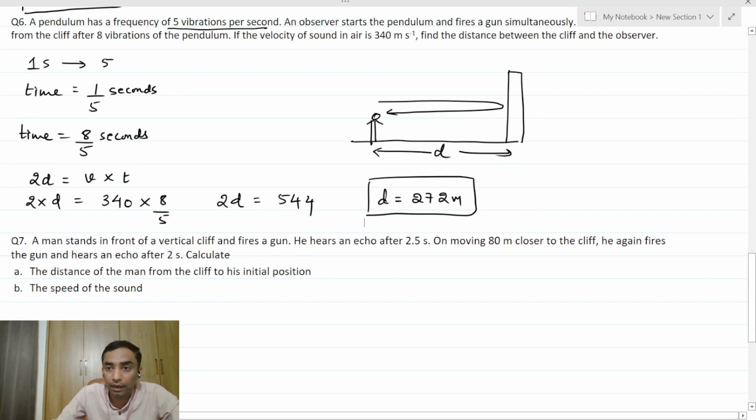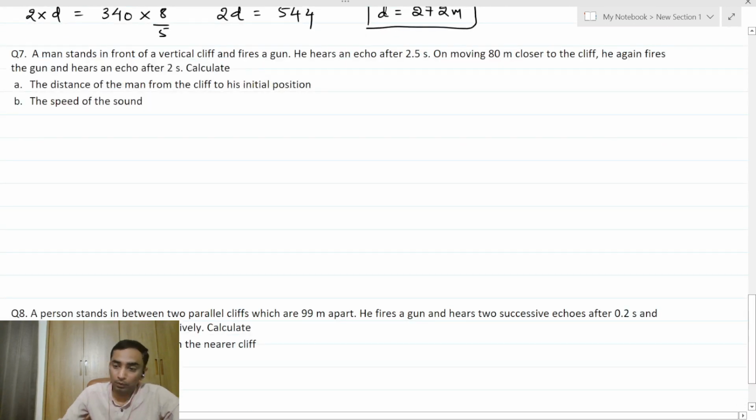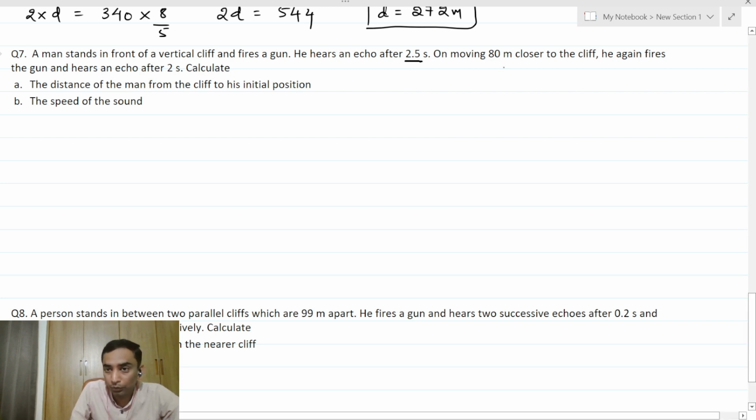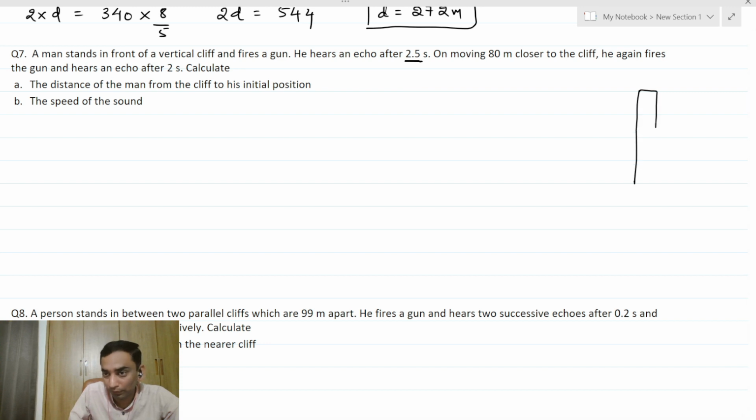Okay. Now, the seventh problem. A man stands in front of a vertical cliff and fires a gun. He hears an echo after 2.5 seconds, and on moving closer again, this question is almost a repetition of the question which I did, I think question number 3 or 4. So again, let us understand it the same way.